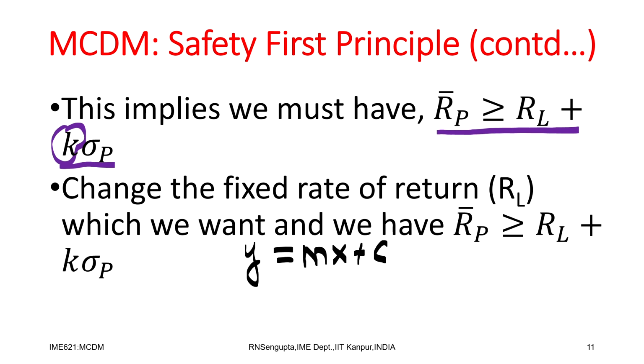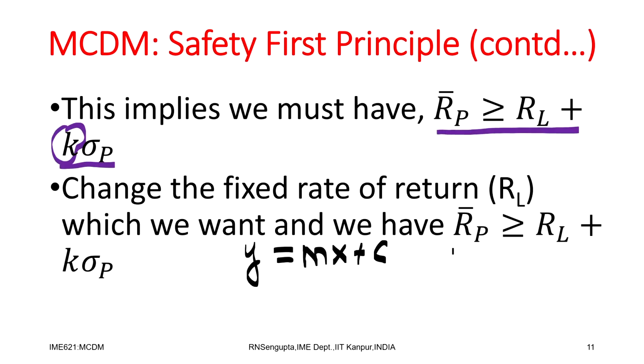The dependent variable based on which you want to find out y. What is m? m is the slope, the rate of increase of y as x changes, or it decreases, depending on whether m is positive or negative, and c is the intercept where the line cuts the y axis.